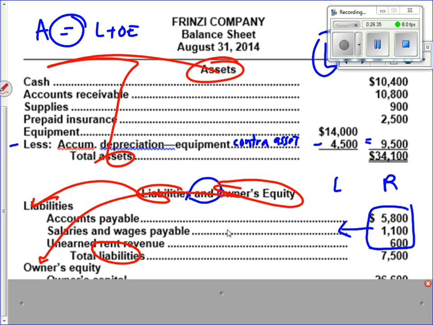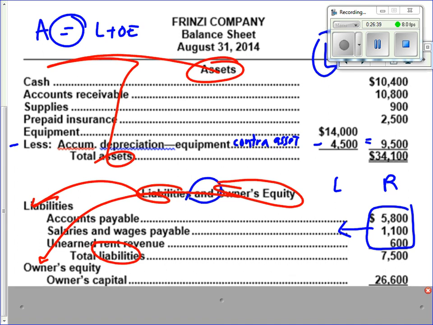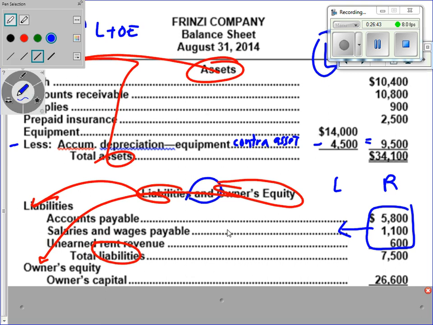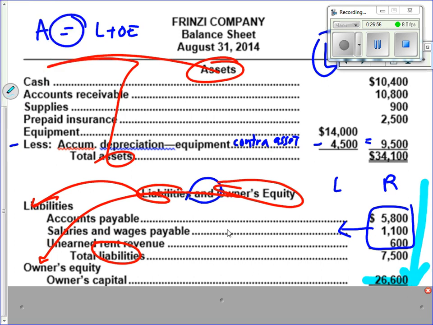The account that shows up under owner's equity is owner's capital. That number is forced math that can be pulled from the previous financial statement. That is where that number came from. It's from a financial statement we did previously.